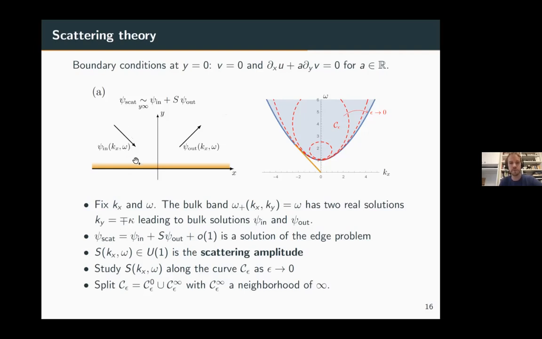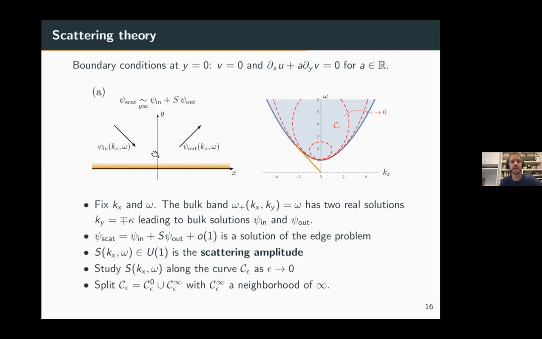But if you put them in the edge problem, you see that one has negative momentum in y, so it propagates towards the boundary, and this will be the analog of some incoming state. And the other one with positive momentum in y will go away from the boundary and will be our outgoing state.